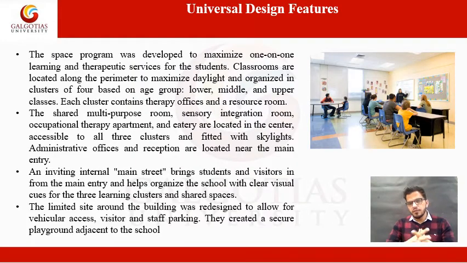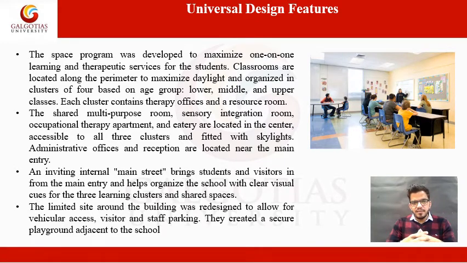Moving forward to the universal design features in that school, the space program was developed to maximize one-on-one learning and therapeutic services for the students. Classrooms are located along the perimeter to have the maximum daylighting and organized in clusters of four based on the age group, in a pattern of lower, middle, and upper classes.